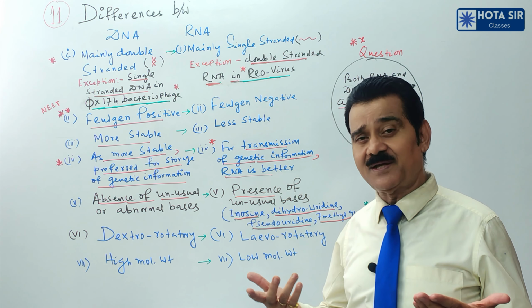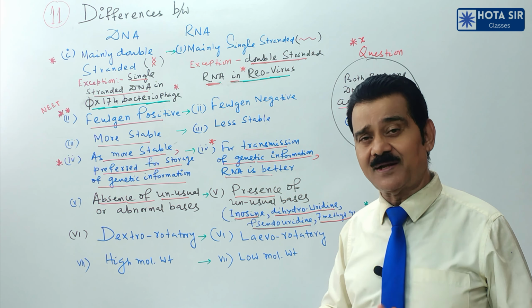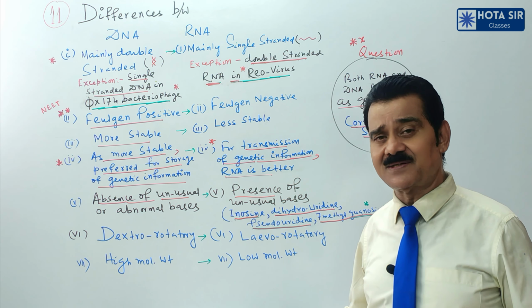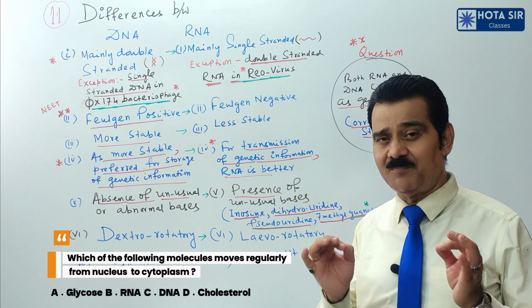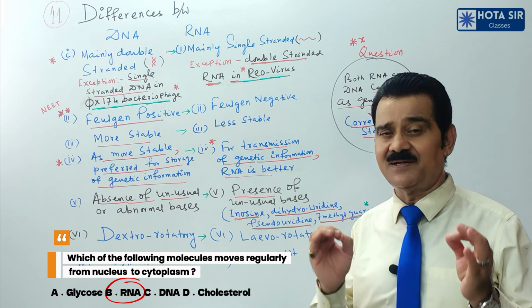Clear? DNA is dextrorotatory, whereas RNA is levorotatory. DNA has high molecular weight and RNA has low molecular weight. The rest of the differences I have already told while discussing the nucleic acids, DNA and RNA. Only some of the important differences that are normally asked in NEET and board.